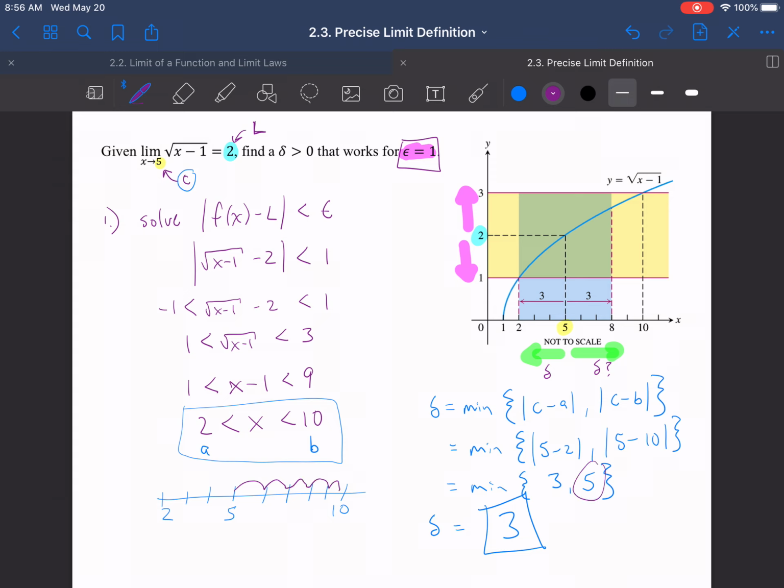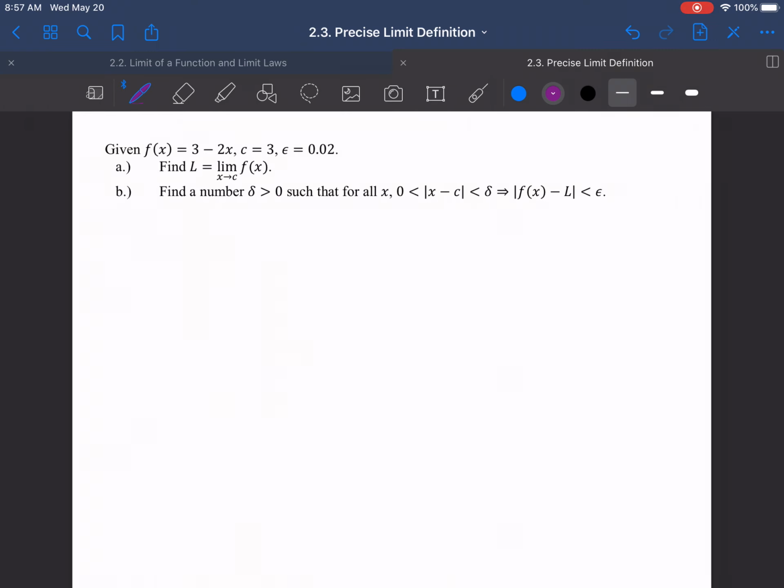That's that 5 we got there. And we're 1, 2, 3 away from 2. That's that 3 right there. So this was 3, right? And this was 5, starting from there. And we took the minimum of those two. Okay, and that's what this little algebra there on the right does for us, so we don't have to draw that number line out.